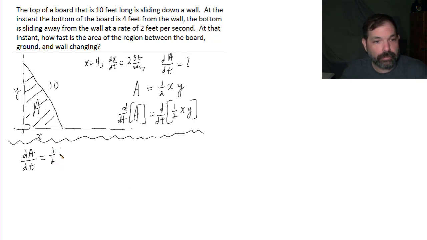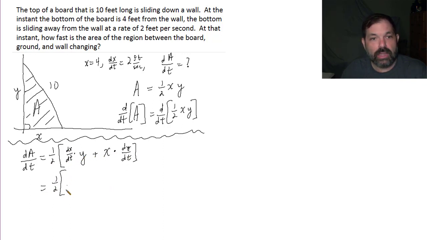I'd have 1/2 of, differentiate the first, dx/dt, leave the second alone, times y, plus, leave the first alone, x, times, differentiate the second, dy/dt. So dA/dt is 1/2 times dx/dt times y plus x times dy/dt. So I'd have 1/2 times dx/dt is 2 feet per second.